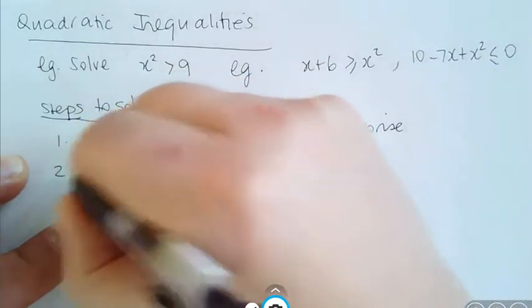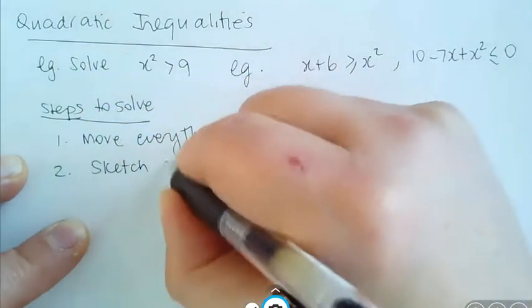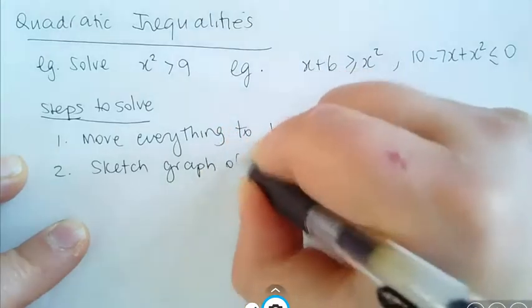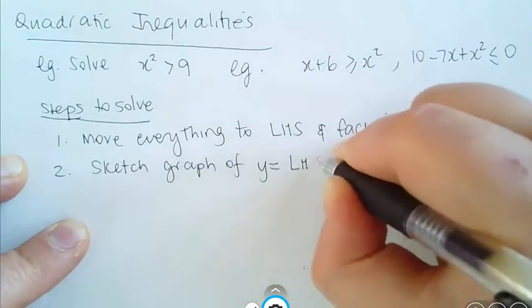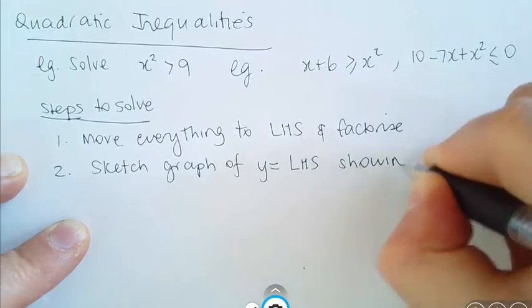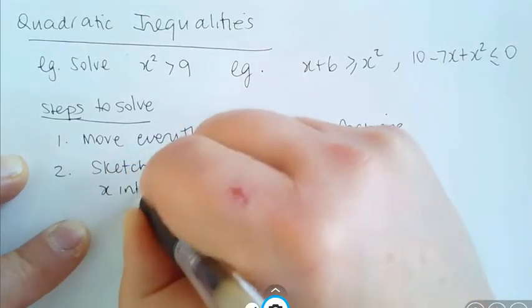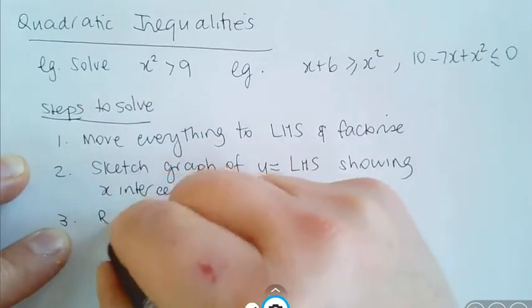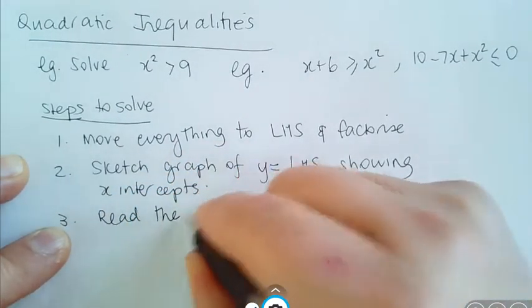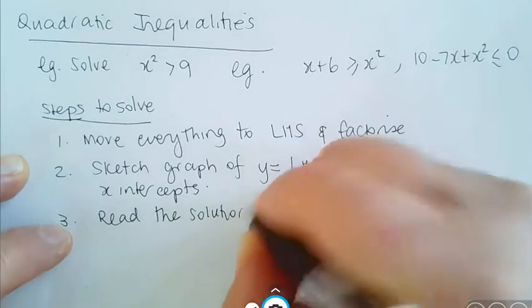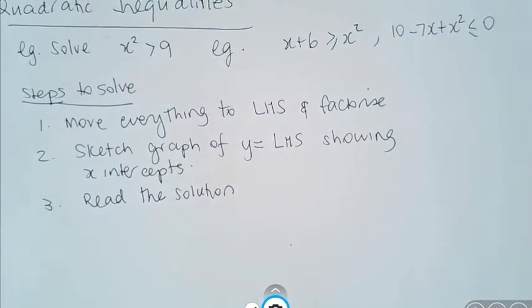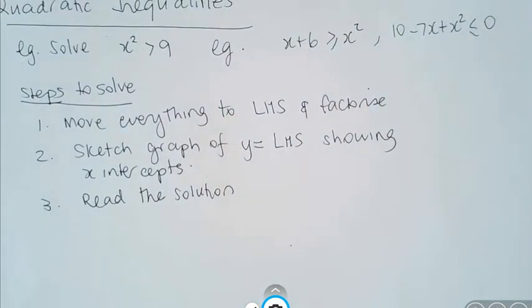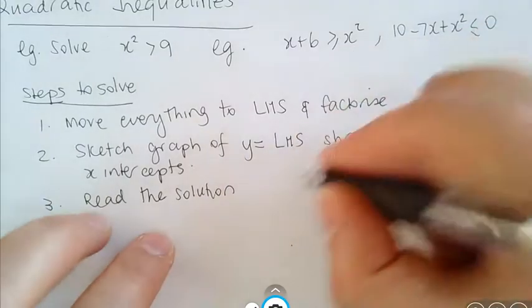Then you will sketch the graph of y equals the left-hand side showing the x-intercepts. And then you just read the solution off from the graph. Now look, other people like to sketch it and start testing points. I think that's a long way. I really don't like it. I think this is the best method. So read the solution off the graph.